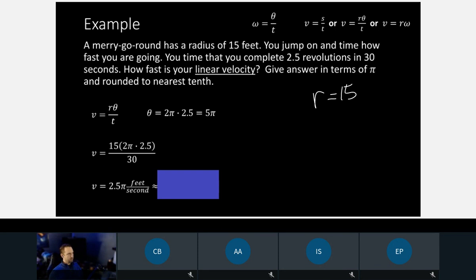Yep, feet per second, because this is linear displacement. Remember, when you're finding linear velocity, you will never have radians for your units. It'll always be something per, whether feet, miles, meters, whatever, per, in this case, second. All right, so 7.9. Yep.